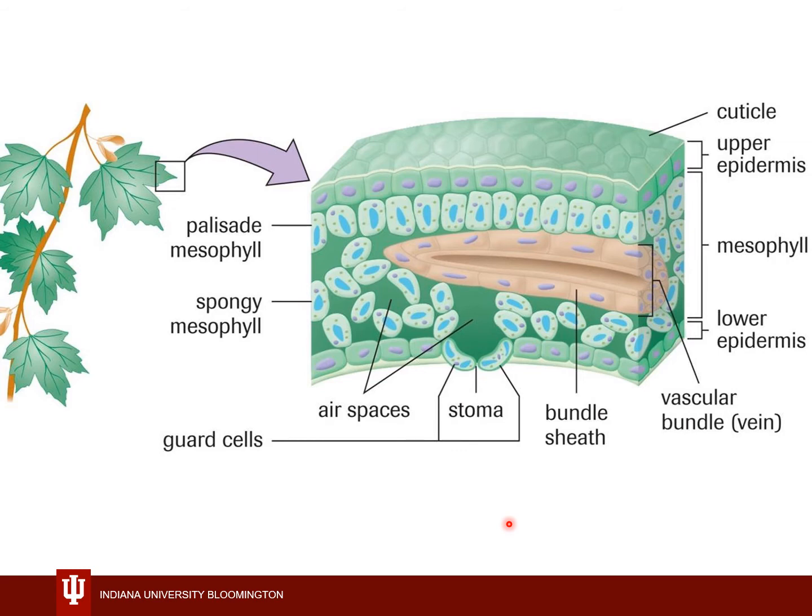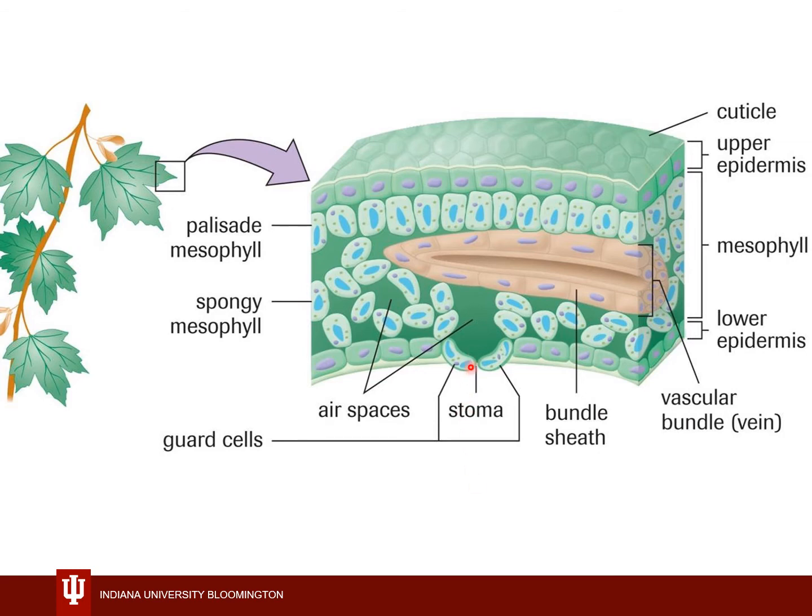So if there's what's called a high vapor pressure deficit, basically that means that there's not much water vapor in the air, so the air is really dry. Then every time they open these up, they're going to be losing a lot more water than if the vapor pressure deficit was lower, so if there was more water vapor in the atmosphere.